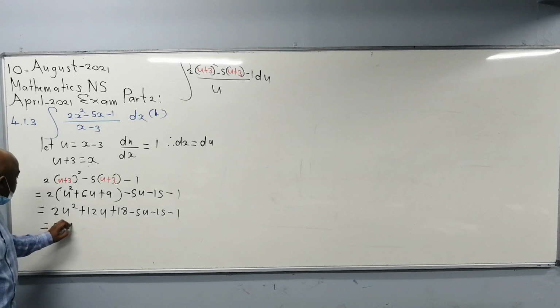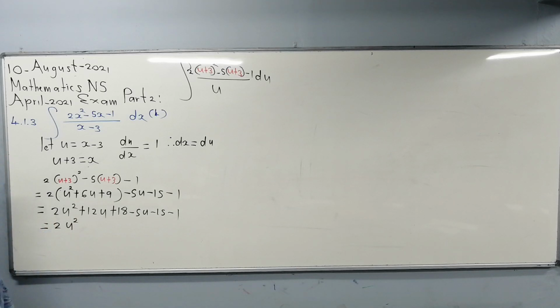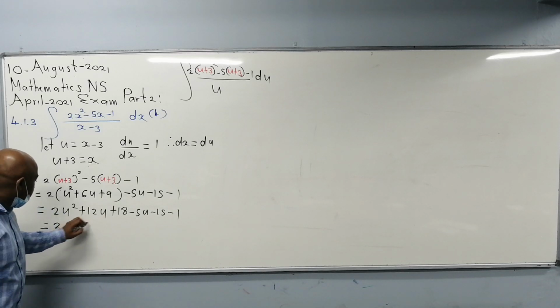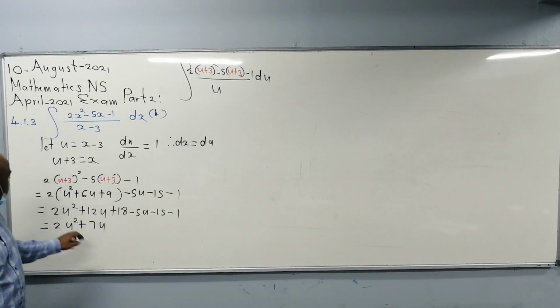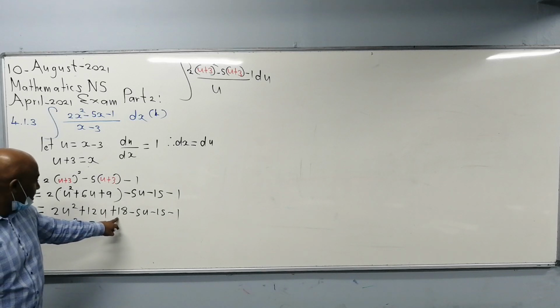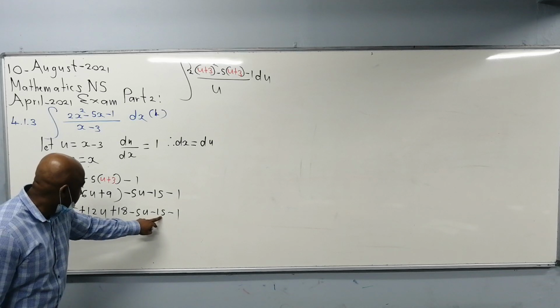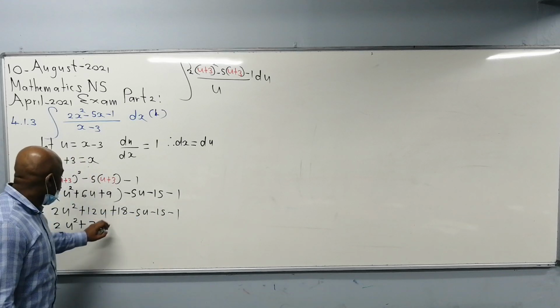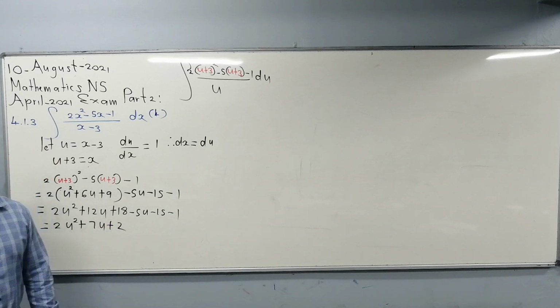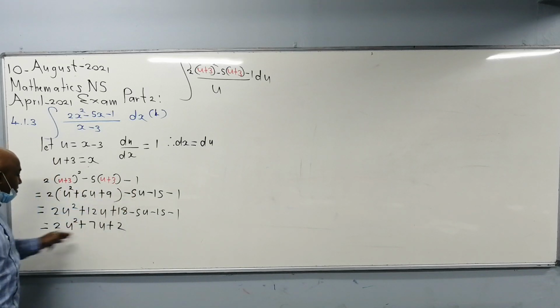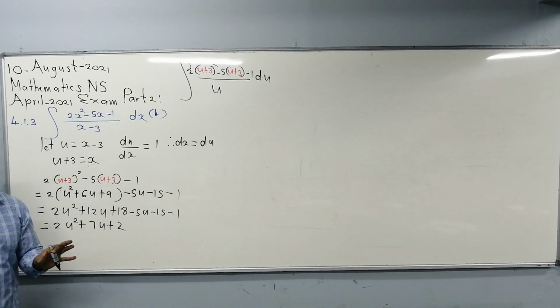We have our 2u squared. 12u minus 5u is positive 7u. Constants: 18 minus 15 is 3, minus 1 is 2. If you want to verify this, substitute a value there and make sure they are equal.